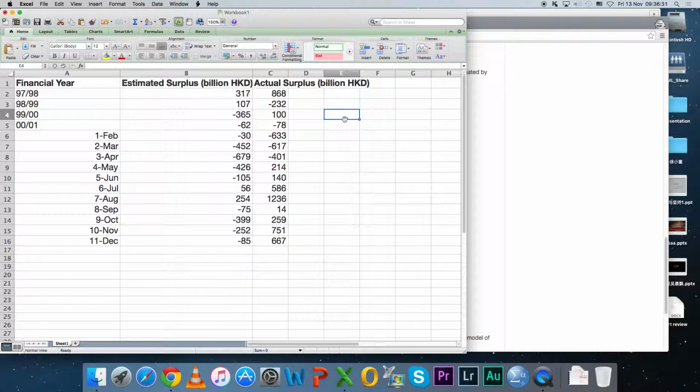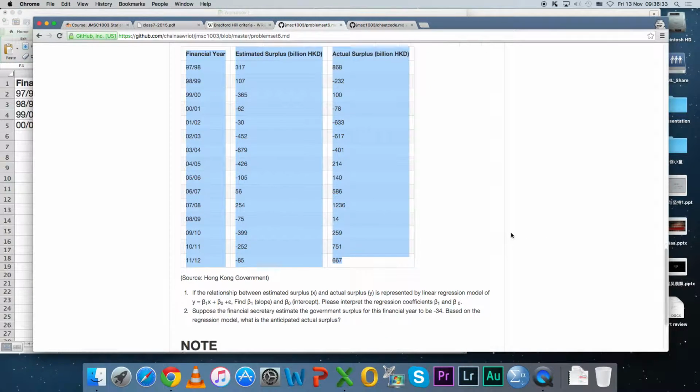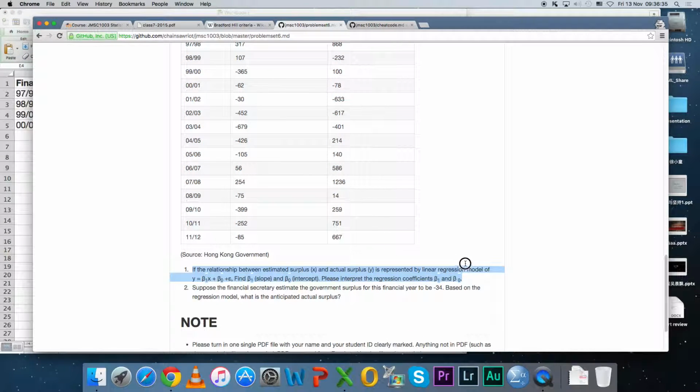So for this application, we will use the linear regression model to do that. And a linear regression model is like this. And another way to write it is something like this, but it is actually not that important.